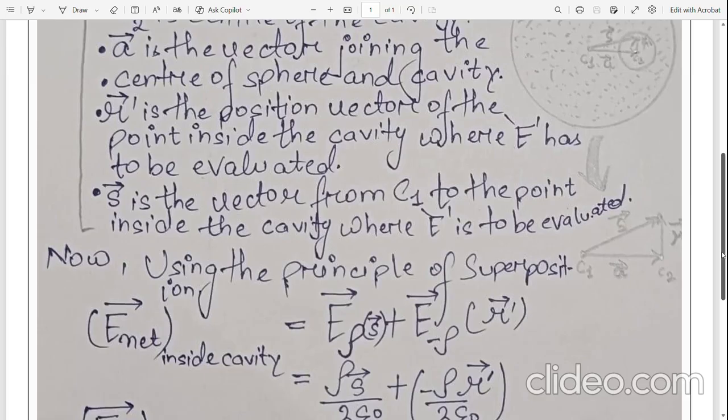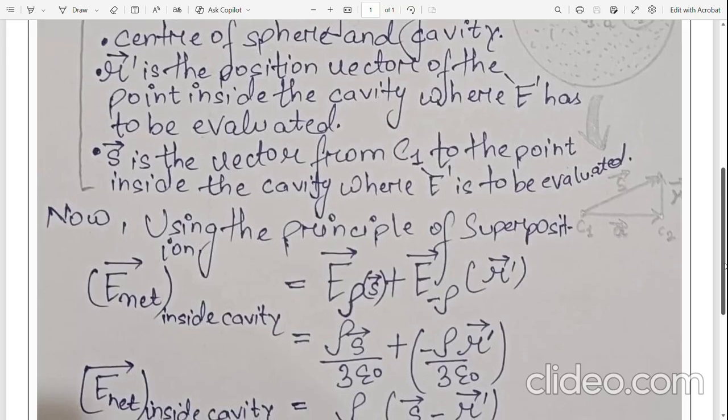We all know that the electric field at any point inside a solid sphere is rho s vector upon 3 epsilon naught. This is very clear to all of us.